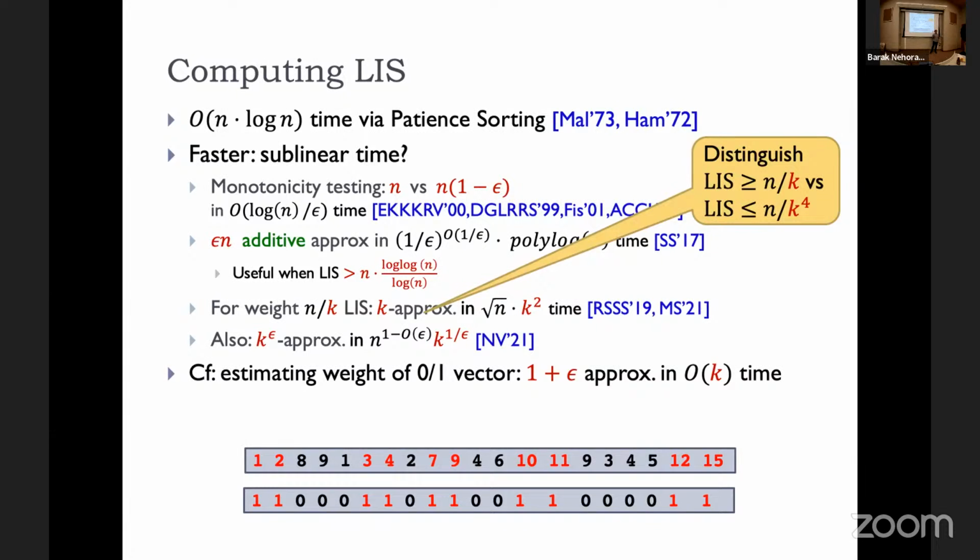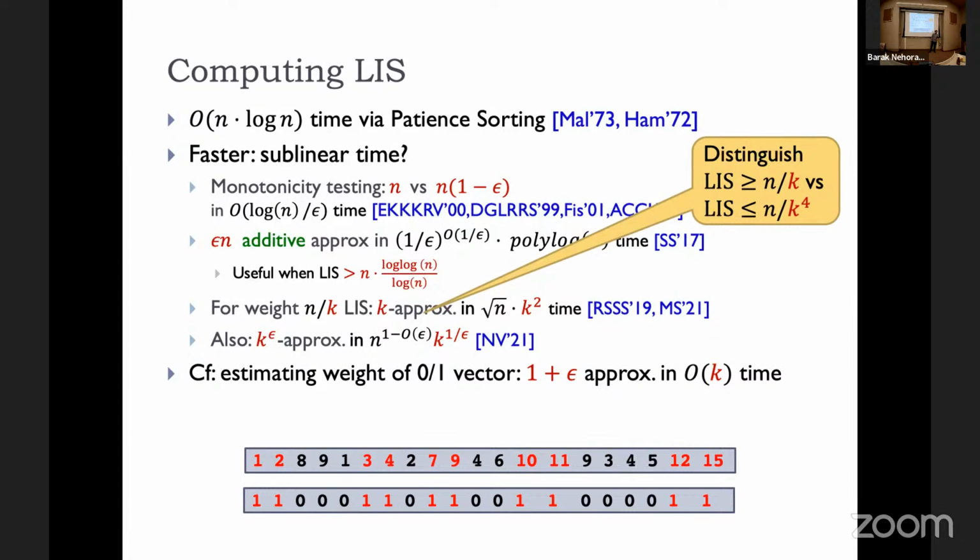Standard sampling and estimating the weight would give you a 1 plus epsilon approximation to the weight of this vector in time of order k. You can notice immediately that time k is needed to even find a single one by random sampling. With just a little bit more, you can estimate this weight quite well.